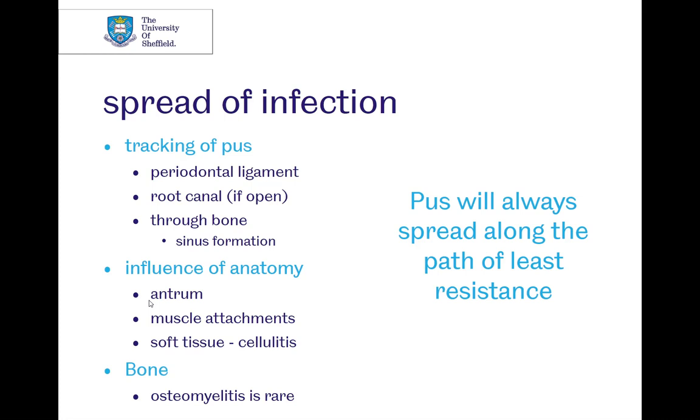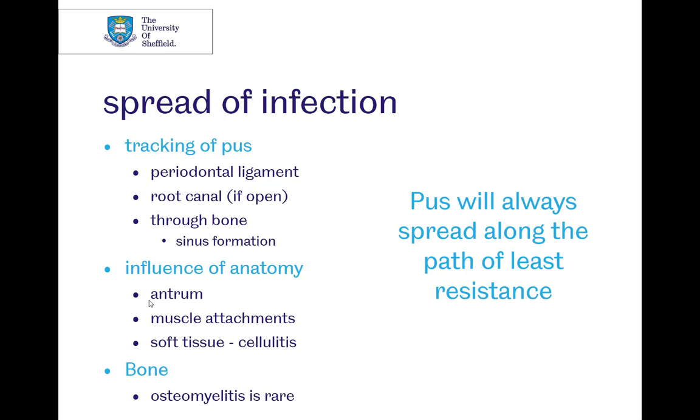The one thing which is very interesting is that despite the fact that there is obvious infection ongoing in the bone, in a healthy individual, osteomyelitis, which is inflammation of the bone itself, is quite rare. It only really tends to happen when there is disruption to the blood supply or to other factors affecting bone turnover.